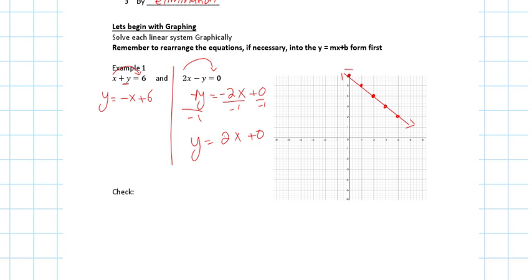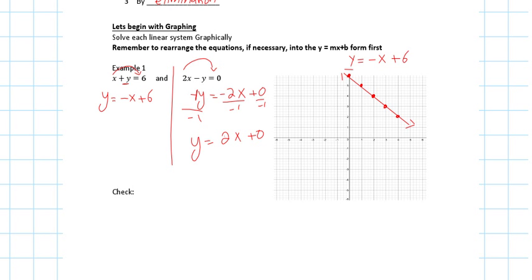And then I write the equation next to the line. Where do I start for the second equation? What's my y-intercept? 0. So I start at the origin.